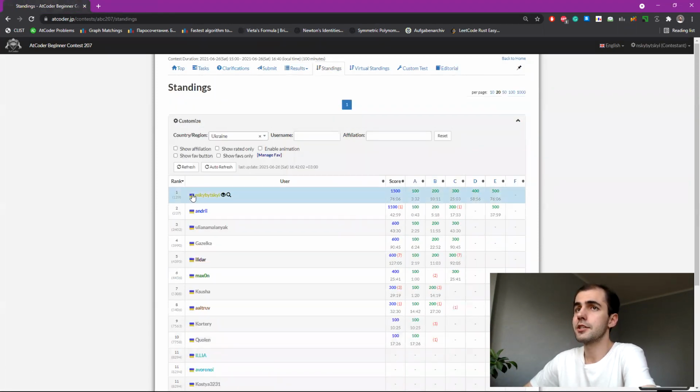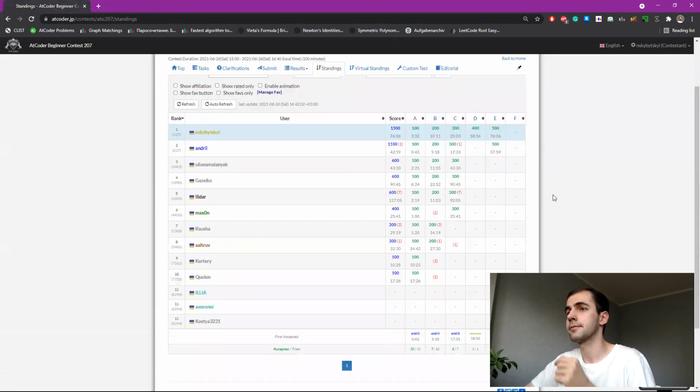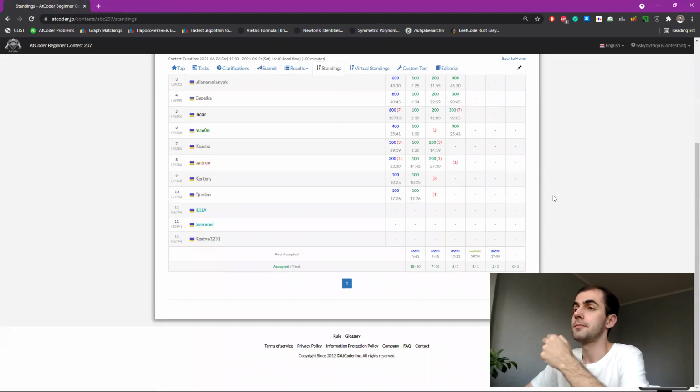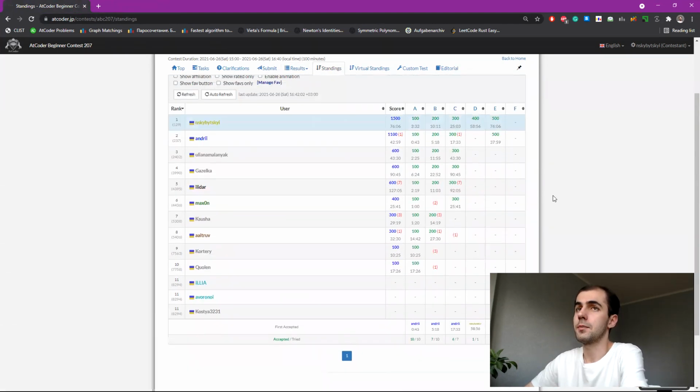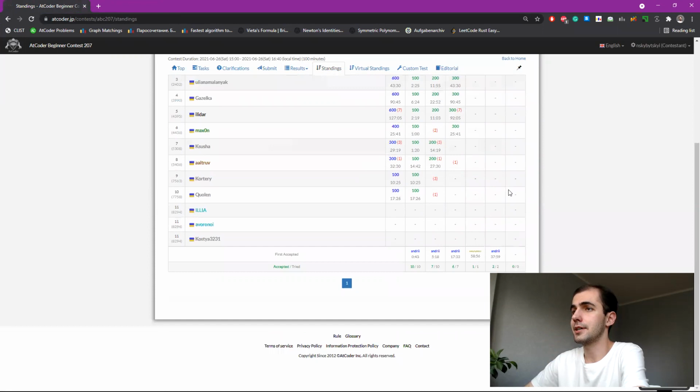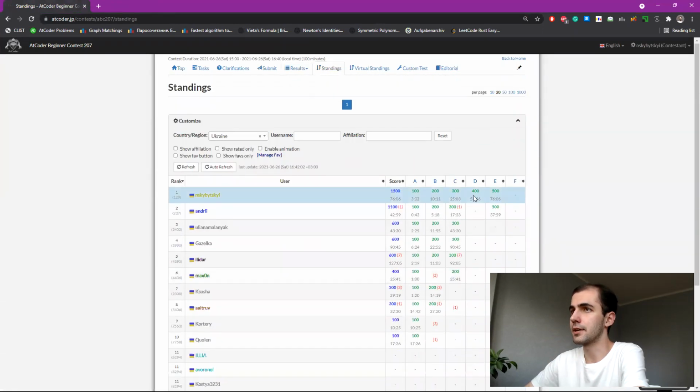I recently discovered that you can click on the flag and you will get all people from your country. They're not doing badly. A lot of people, I assume, skipped D because that is just bad. Actually, I'm surprised. If you can solve it that quickly, why can't you solve D then?